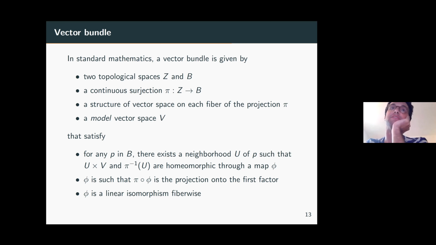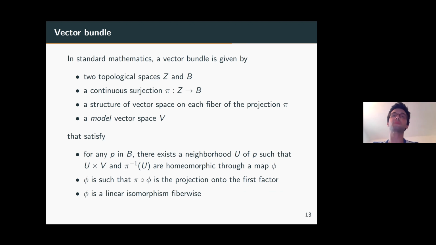A vector bundle is given by two topological spaces and a projection, which is a continuous projection from one topological space to the other. Then we have a structure of vector space on the fibers of our projection and a model vector space. This is the data of a vector bundle, and all this data satisfies some standard conditions that you can find basically everywhere that I do not have the time to go through now.